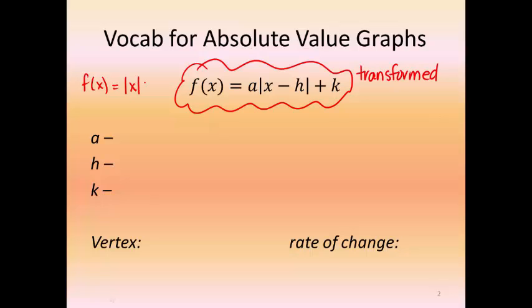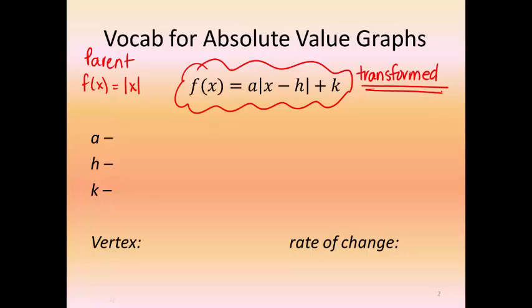A very simple, nothing to it. I would just put in numbers and I would keep getting outcomes. Here, we got all sorts of other things going on, and we're going to talk about what each of these things are. So this again is called the parent function. And what we have here is the transformed function. By transformed, I mean we changed it.